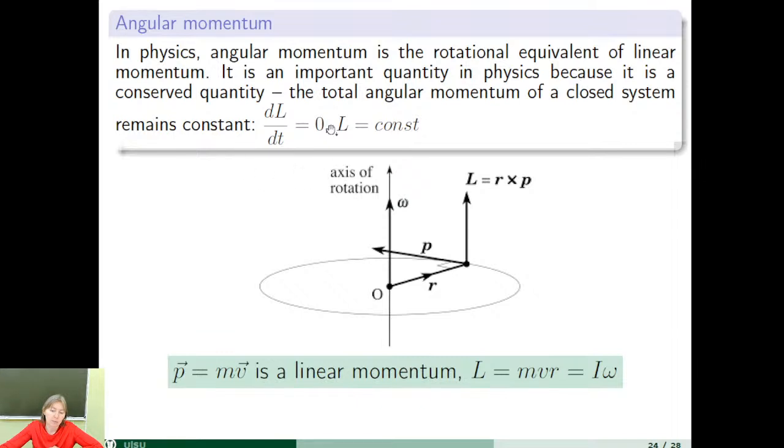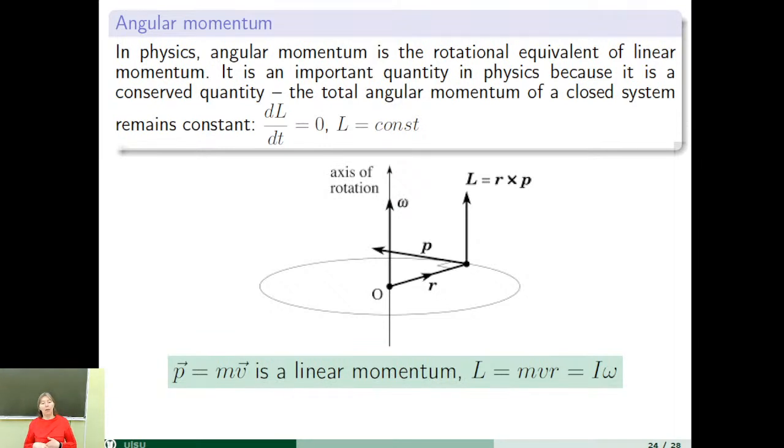This is a conservation law, and L is a constant. And look at this picture. Now we know the direction of angular velocity. And look at this expression, and now we know the direction of angular momentum.